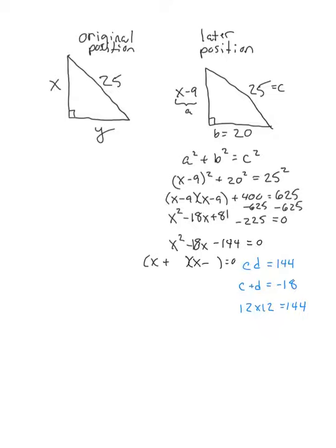If we have 12 and negative 12, you add that together, you get 0, so that doesn't help us. But let's say we multiply one of these 12s by 2 and divide the other one by 2. So we get 24 times 6 equals 144. If we have negative 24 and we add 6, that'll give us negative 18. So those two values work.